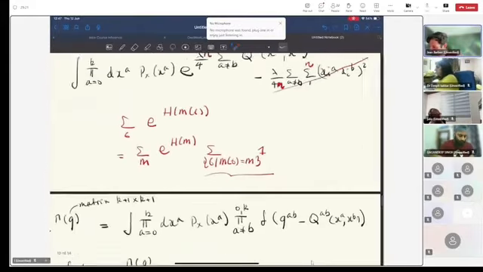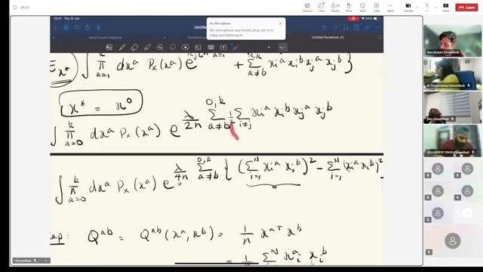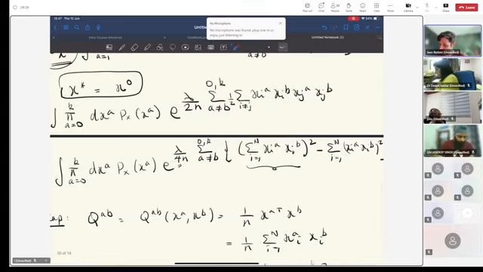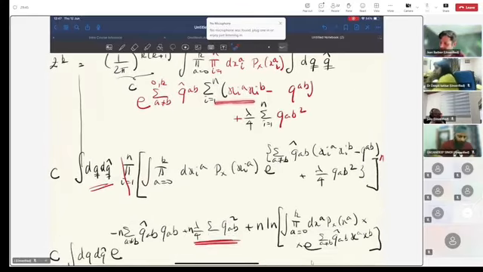We had a function that was quadratic in the variables, and at the price of introducing a new integration variable, actually two, q and q hat, we obtained an expression which was linear in this I. So you see, you can always go from quadratic functions in exponents to a linearized version at the price of introducing additional integration variables. Okay, and this is a very important trick.